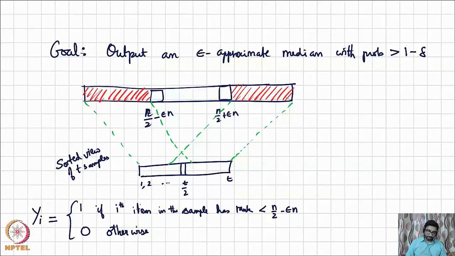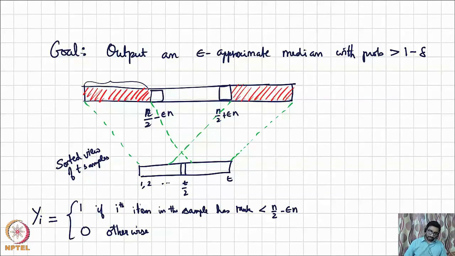Basically, this captures the event that the ith item is coming from the red range on the left. Such items, we don't want too many.